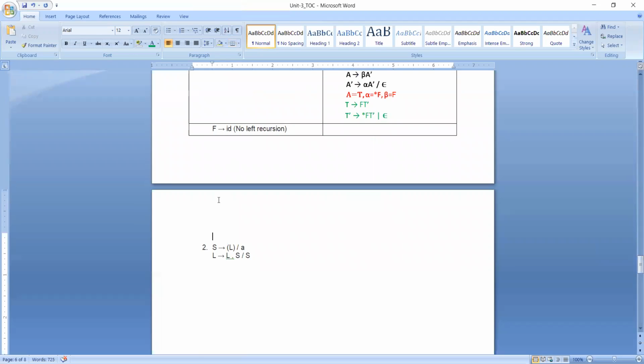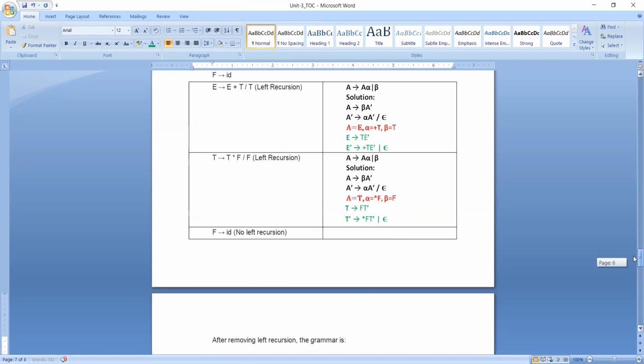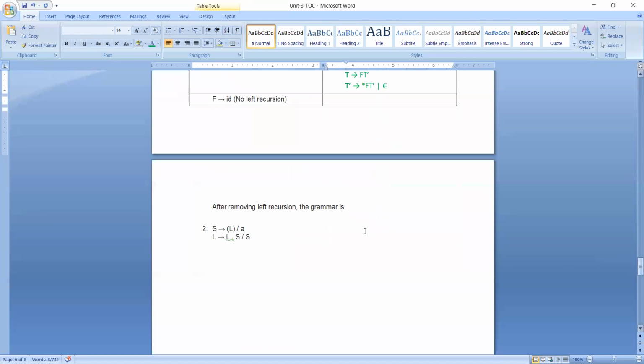the left recursion. So let me write, after removing left recursion, the grammar is. So what is our grammar? We need to write these productions. So E derives to T dash. So we have to write these productions.